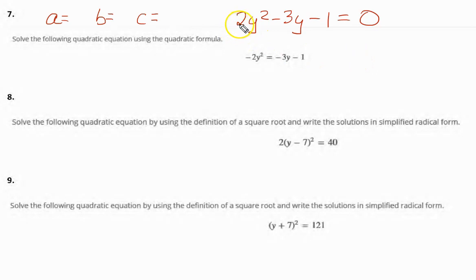So now when I define my A, B, and C, I can have A as positive. So this is 2, this is a negative 3, and this is a negative 1. All right, now put these into the quadratic formula.